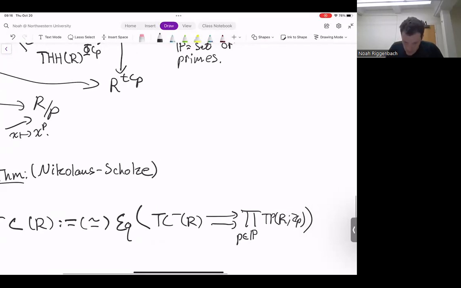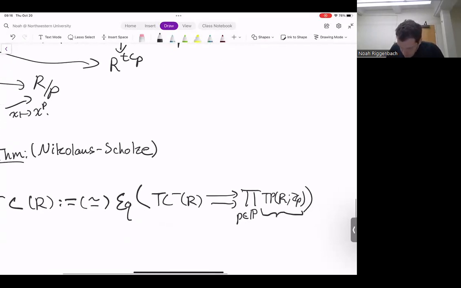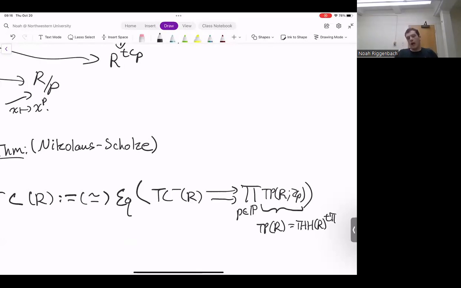Okay, and what is this? First of all, TP of R is the Tate construction on THH. And whenever I write coefficients in Z_p, what I mean is, so TP of R with Z_p coefficients will just be by definition TP of R p-adically completed.